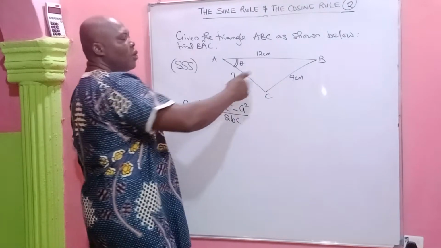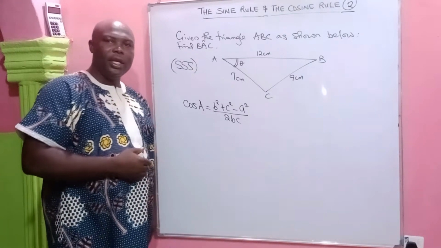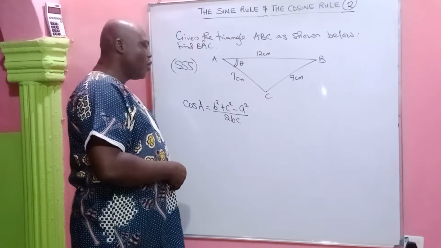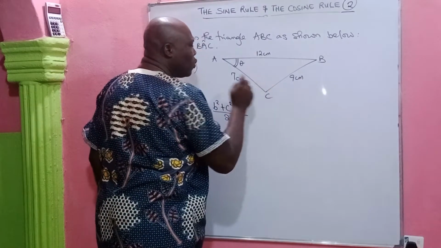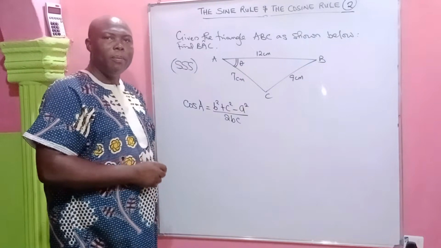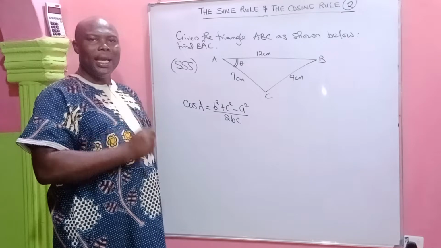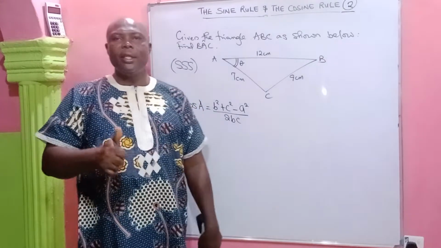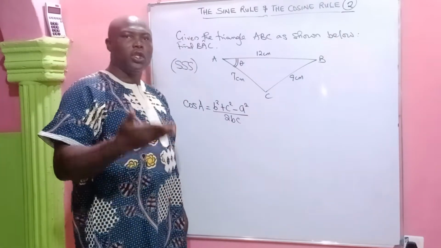If you are looking for angle B, it will be cos B equals A squared plus C squared minus B squared all over 2AC. And if we are looking for this angle C, it will be cos C equals A squared plus B squared minus C squared all over 2AB. Please take note of that. We have all the different formulae in the previous slide where you can copy it out for your future references.